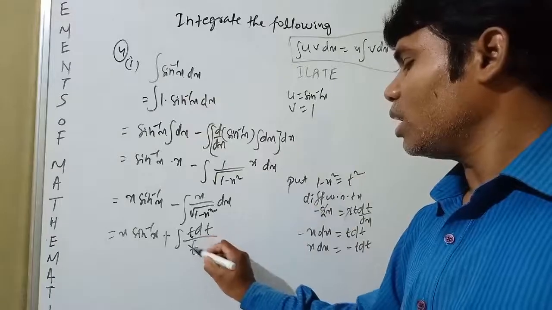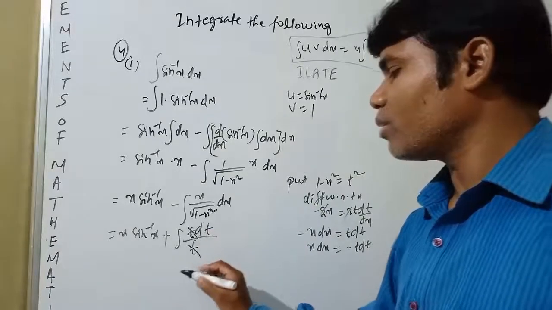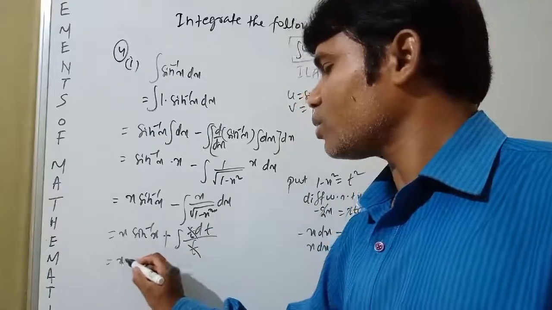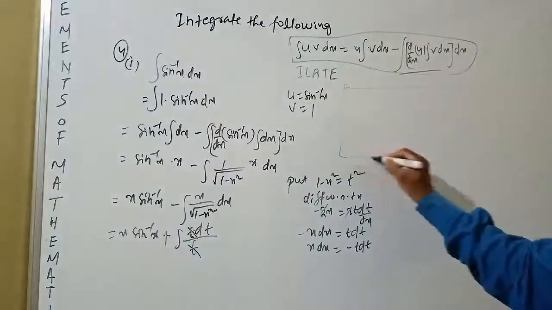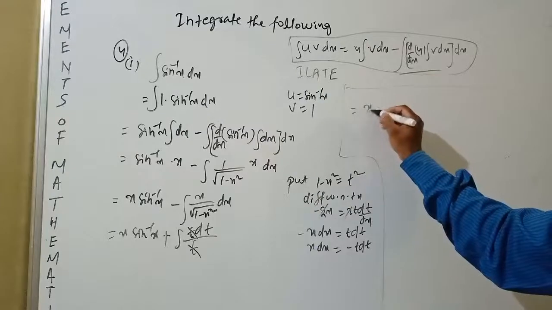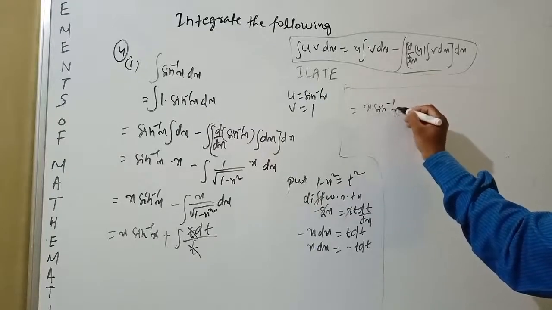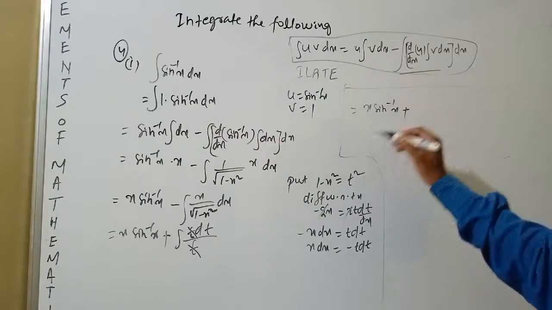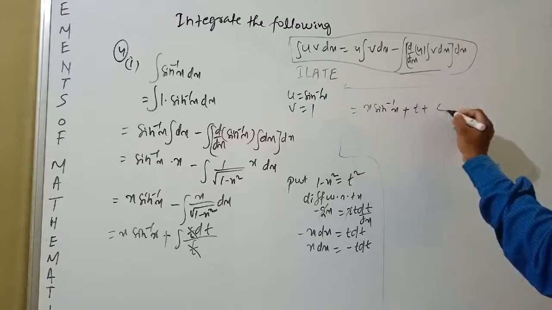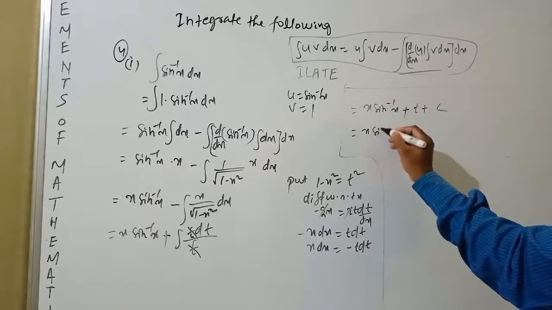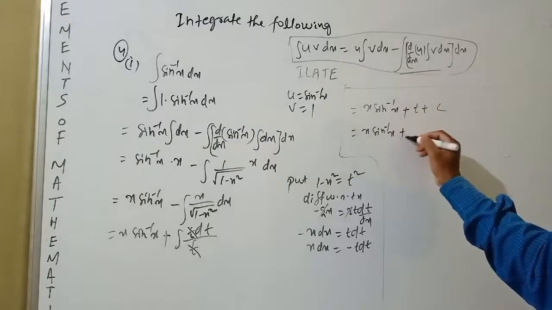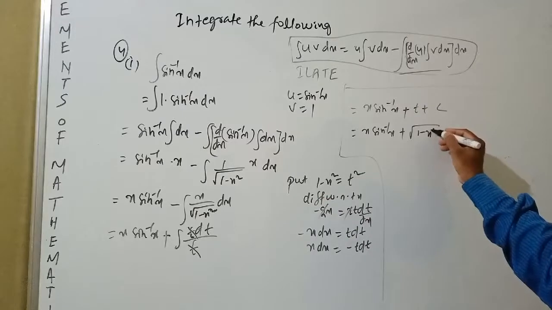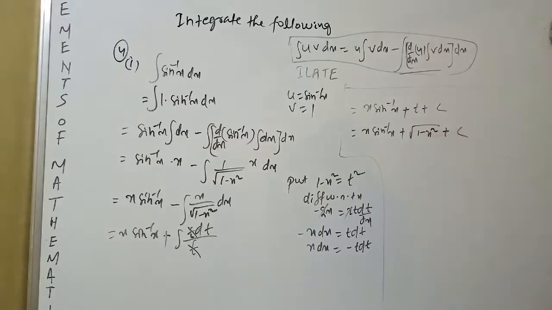This t and this t will cancel out, so it is equal to x sin inverse x plus integration of dt, that is t, plus c. That is x sin inverse x plus t, which is how much? Root over 1 minus x square, plus c.